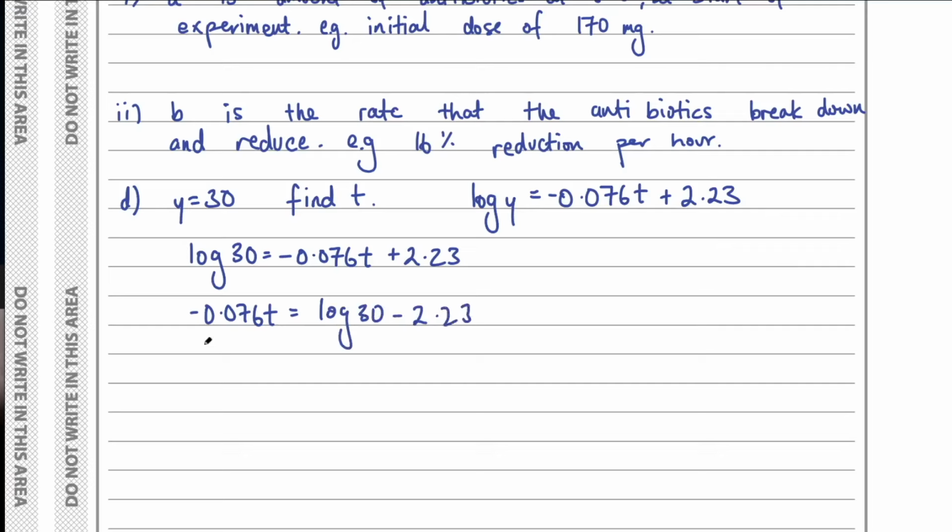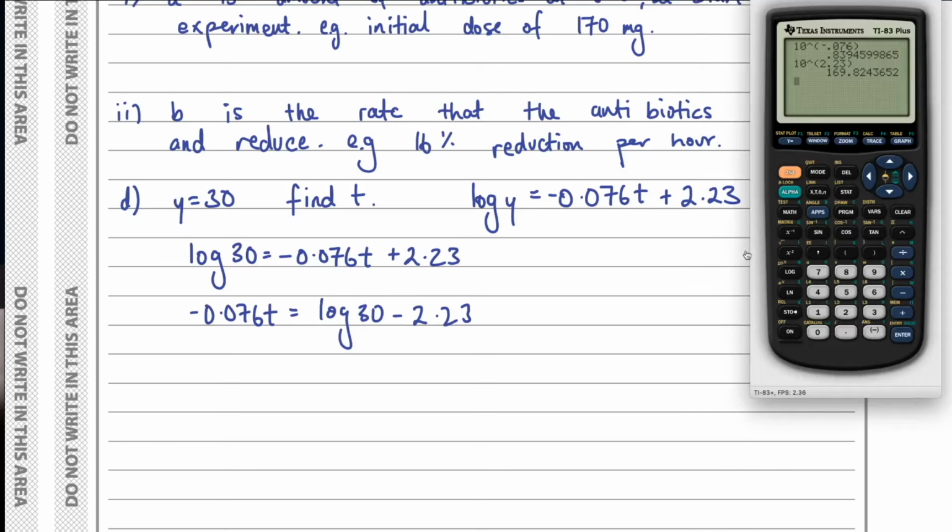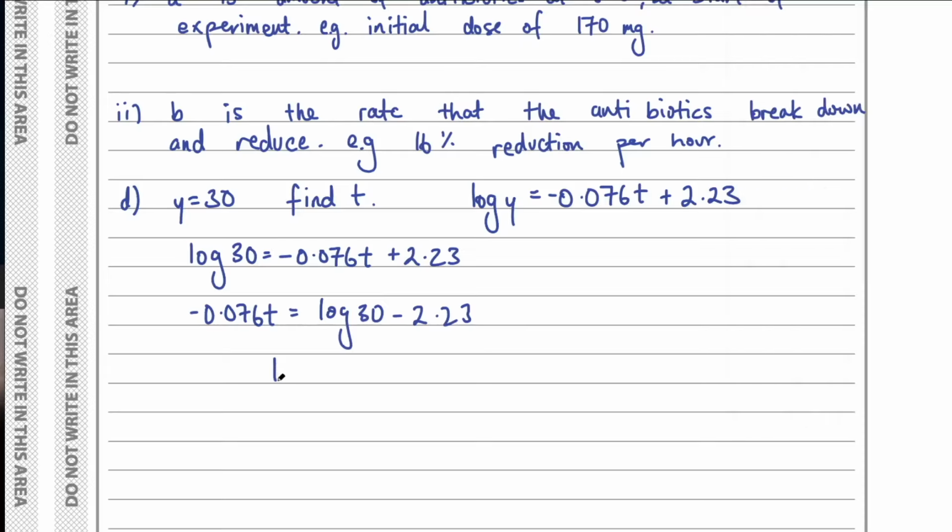And then we're just going to have to divide that by negative 0.076. So let's go ahead and put this into a calculator. Log of 30. Now this will be automatically base 10 in your calculator. Subtract 2.23 and then divide all of that by negative 0.076. And we get 9.906, etc.